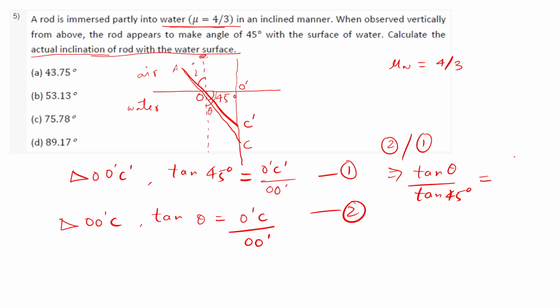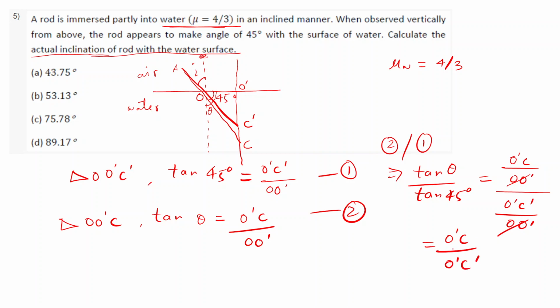So it will be O prime C divided by O prime O, divided by O prime C prime divided by O prime O. So this will cancel and we will be left with O prime C divided by O prime C prime.